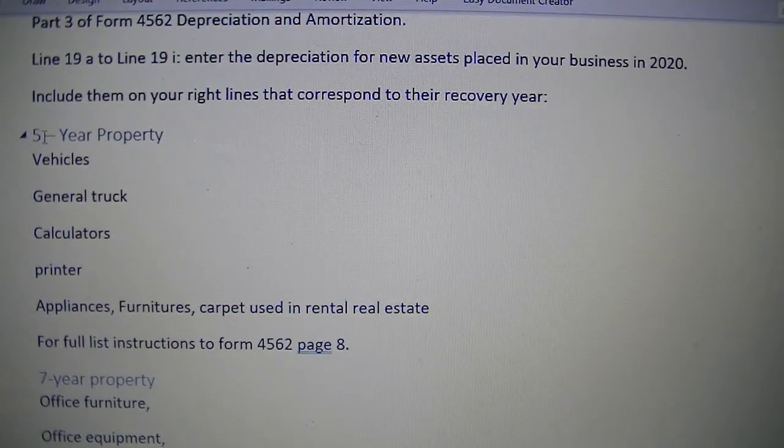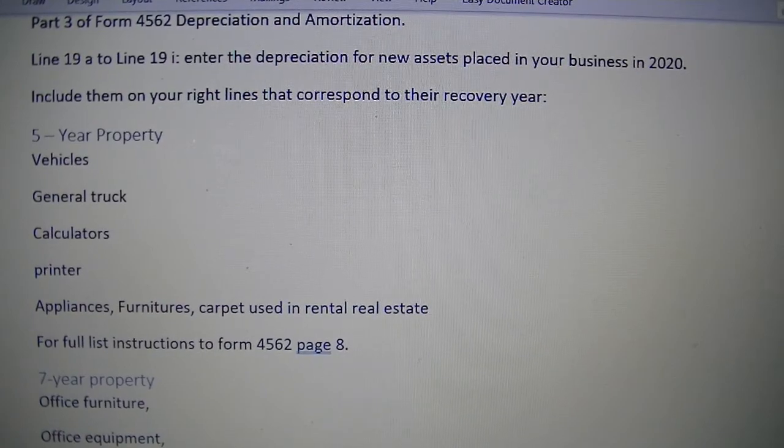There is 5-year property, which will include vehicles, trucks, calculators, printers, or office equipment. And then you have appliances, furniture, carpets used in rental real estate.